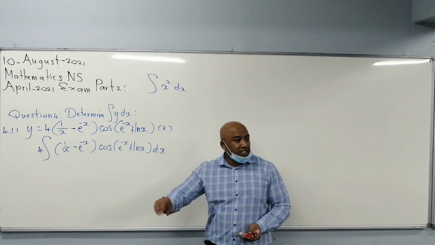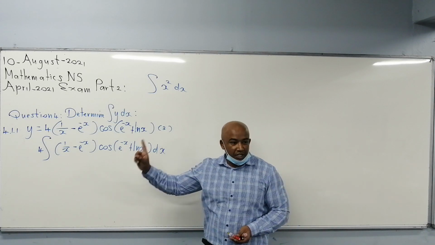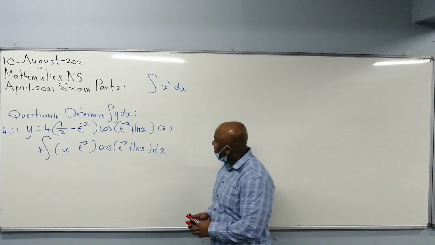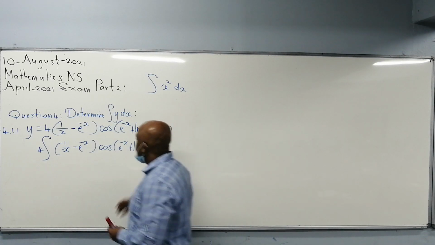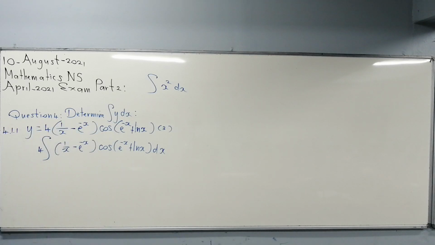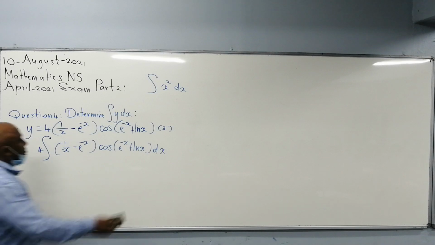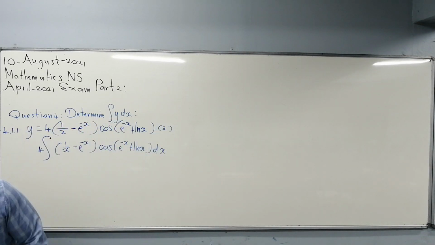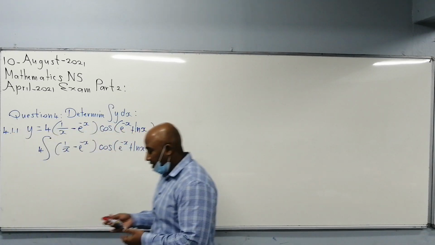If there's exact derivative, there's two methods. One is by inspection, and the other one is by U-substitution. So what are we dealing with here? Let me just write that down. So let's deal with this first by inspection and then by U-substitution.